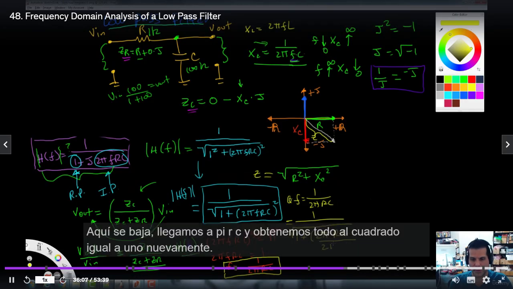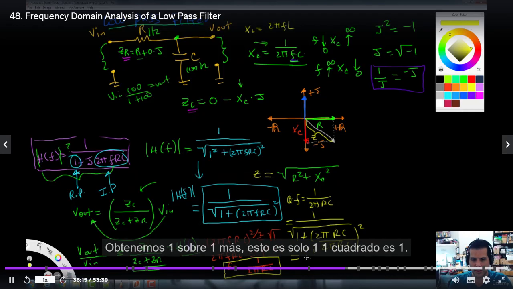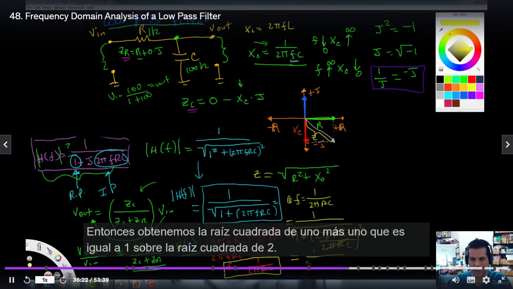We get 2πRC over 2πRC, and the whole thing squared equals 1 over 1 plus, well this is just 1, 1 squared is 1, so we get 1 over the square root of 1 plus 1, which equals 1 over the square root of 2.